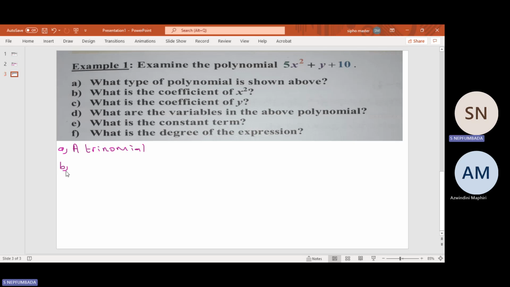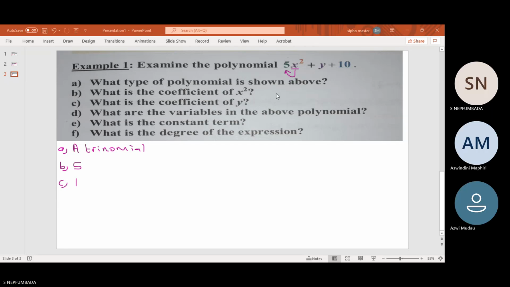Then what is the coefficient of x squared? We go to x squared and we check the number, that is 5. Then what is the coefficient of y? It's 1, because if it is not written, it means there's an imaginary 1.